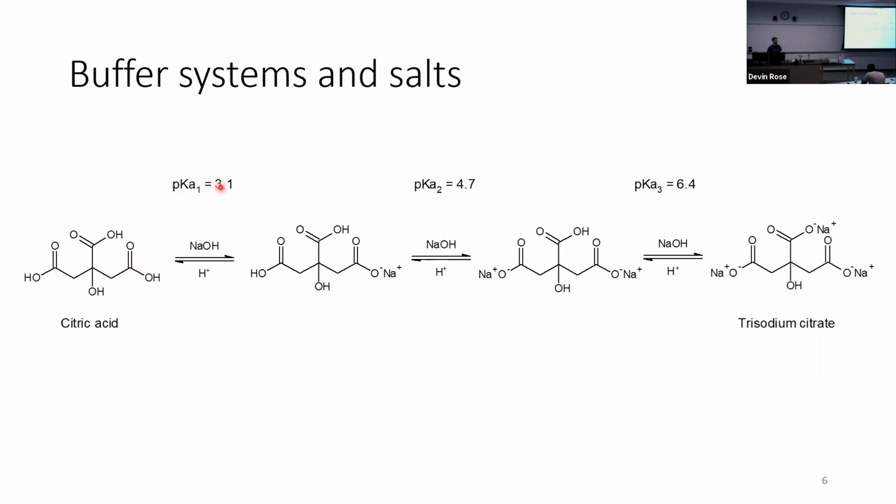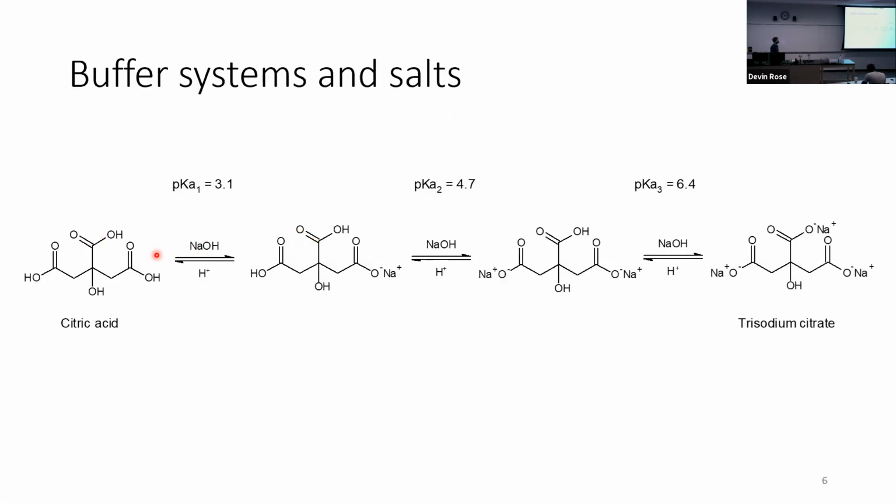That's exactly right. So at pH 3.1, you're going to have 50% of this and 50% of this. And so an acid is going to be a good buffer at that pH, right? Because you're going to have these two species that, if you add a bunch of protons, can suck them up, or if you add a bunch of alkali, can suck that up.